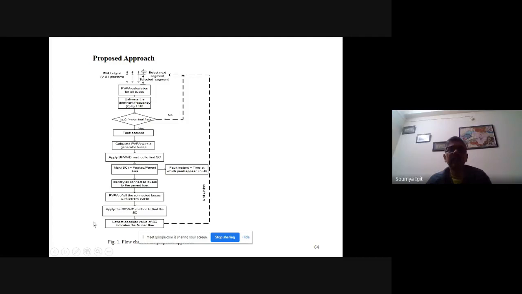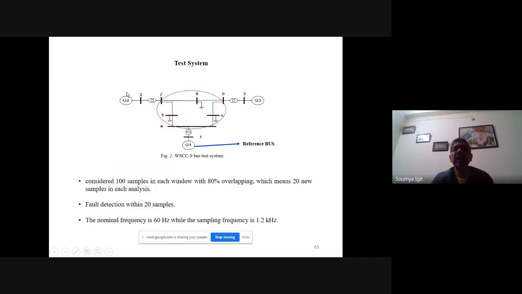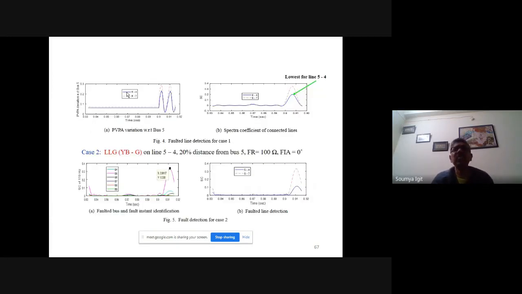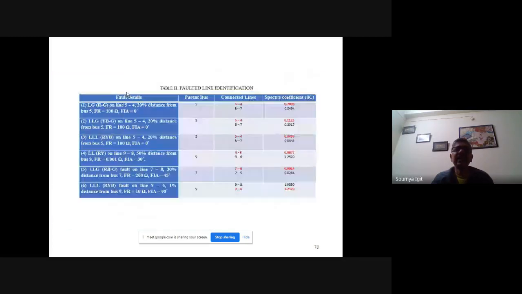With this, this is just energy based thresholding. You can tell this is as good as energy based thresholding. Once you get the retrieval of the PMU signal, you perform the analysis with respect to the fault insertion angle, fault resistance, and different case studies.